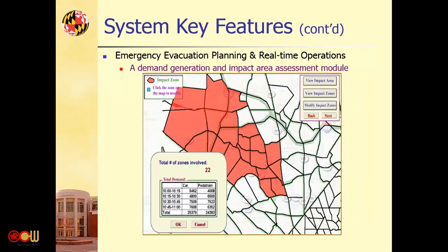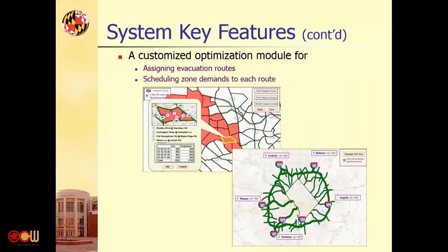For example, the actual impact zone may be this shape, but there could be some important person or important facility there, so you may manually add or remove some of those impact zones. And as I mentioned, you need to have a customized user interface from the application point of view. Okay, it needs to be user friendly and easy to apply.